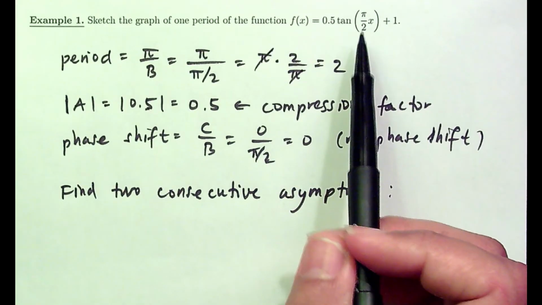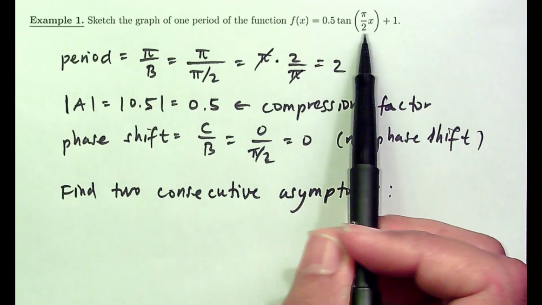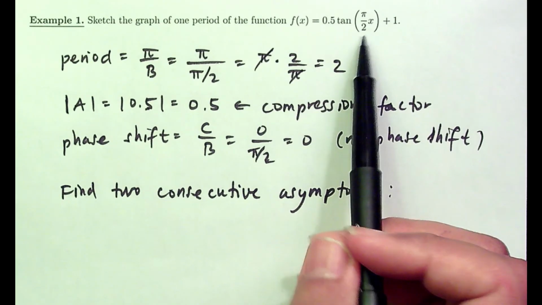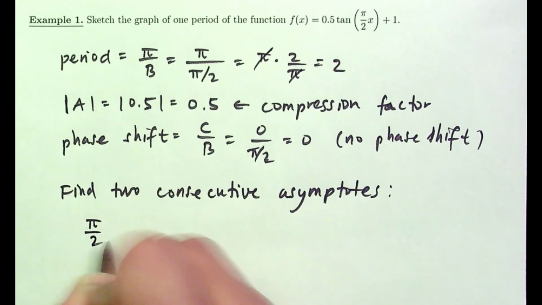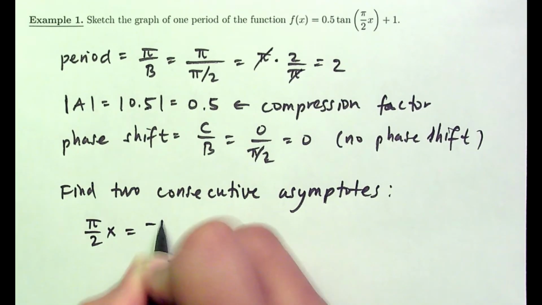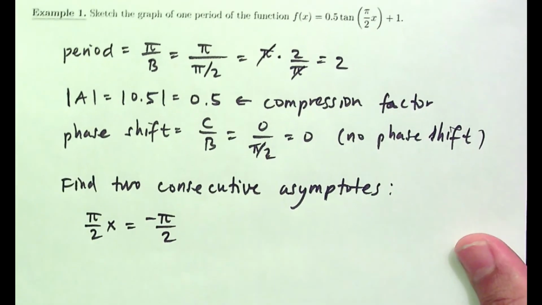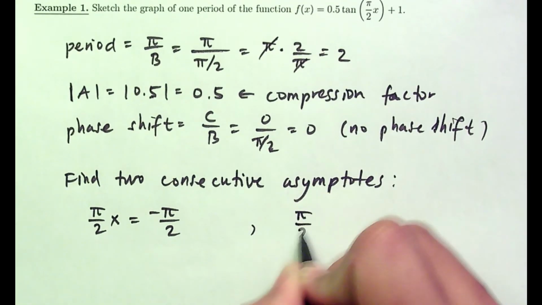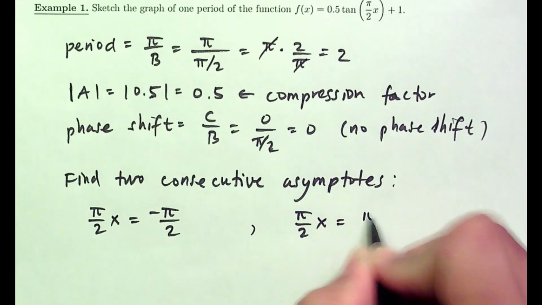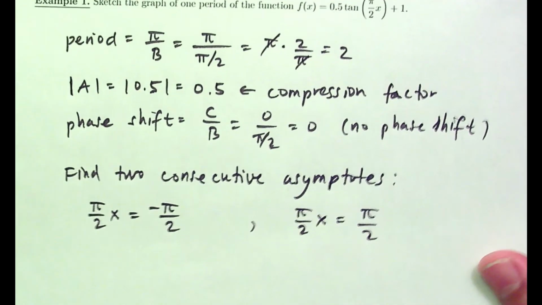You take the inside of this tangent and set it equal to the left asymptote. The left asymptote of the basic period is negative pi over 2. And then you do the same, setting it equal to the right asymptote, which is pi over 2.